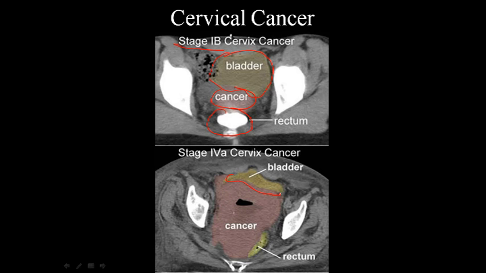Here we have bladder being compressed, which would be one of the things that we could actually look for, and the rectum being pushed over to the side, and then a large cervical mass. That's typically what you're going to see, something to kind of take note of. But once again, it's very hard to distinguish what is actually a cervical mass and what else is going on.